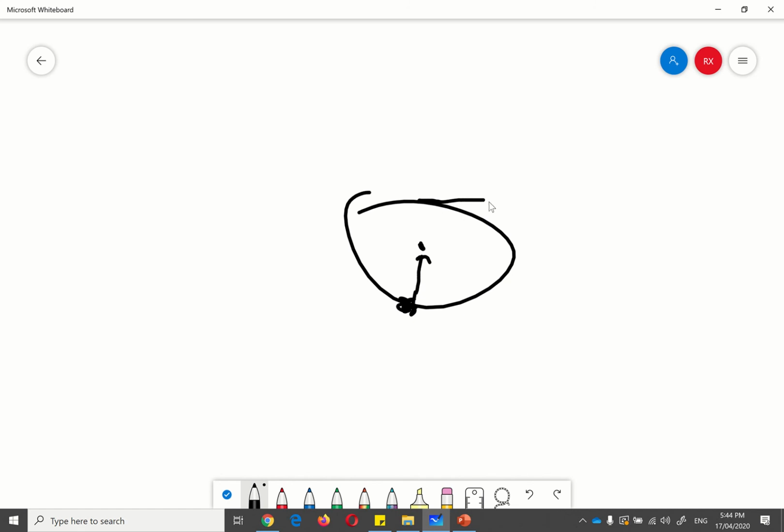So in this case, we're drawing the velocity of the object. When the object is over here, on that side of the circle, its velocity is going this way to the right. And when it's over here, it's going down.